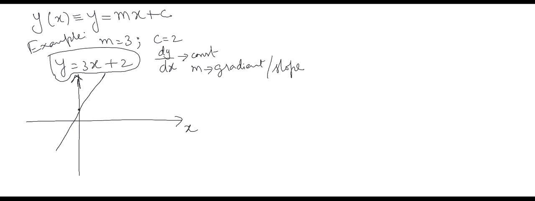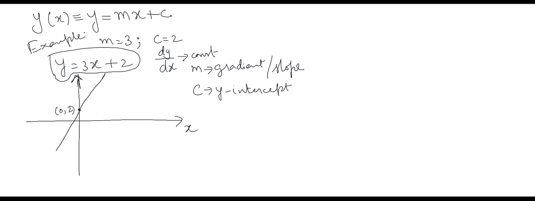Another parameter also plays a role, that is c, which we call the y-intercept. This point is going to be 0, 2 in this case.